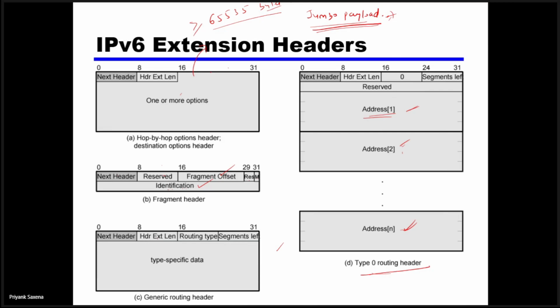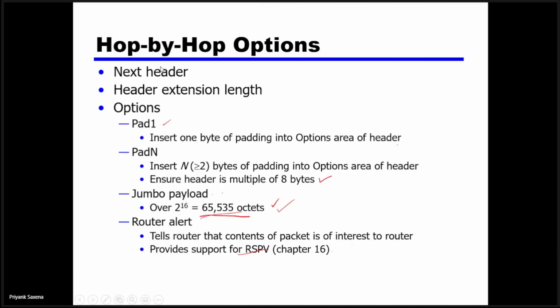So I discussed that in the hop by hop option header you can pad with 1 byte, or you can pad 2 bytes, or whenever the payload is more than 65535 bytes, you can use a jumbo payload, right?